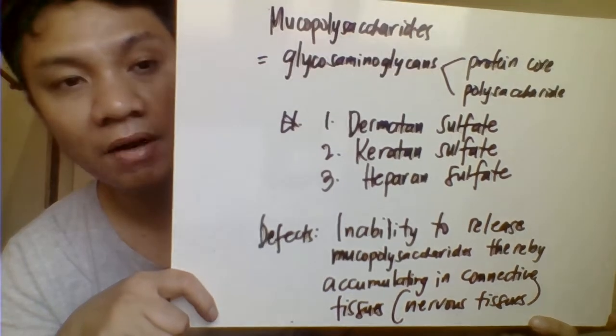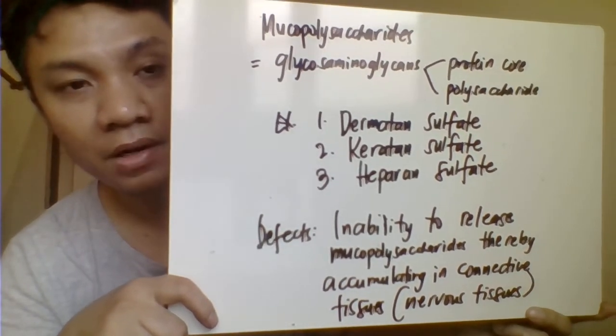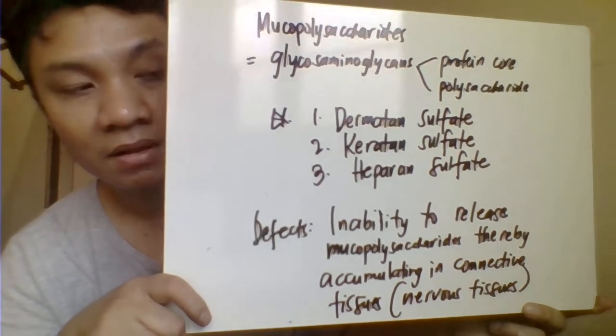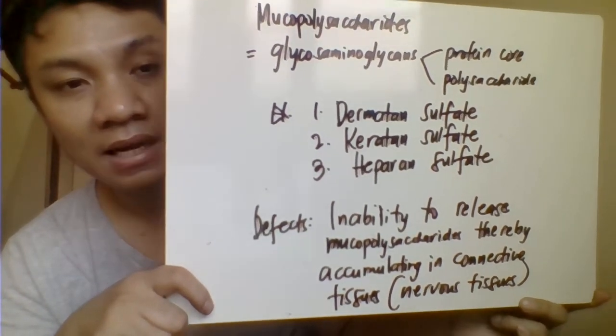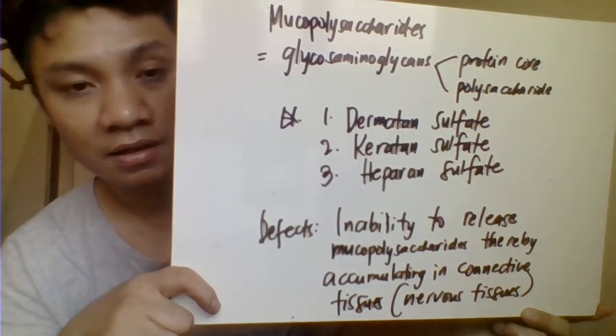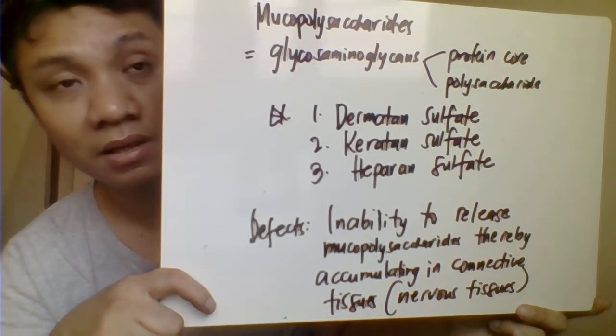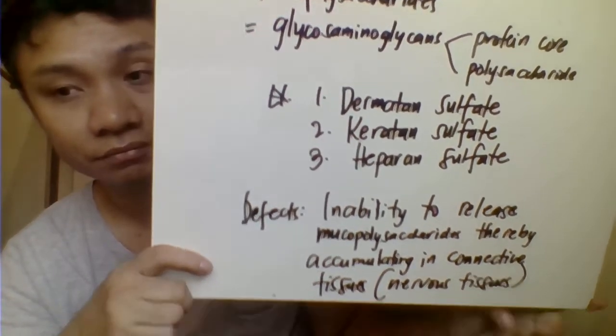The problem here is that our mucopolysaccharides are not released for metabolism. If they are not metabolized, what happens? They will accumulate in our nervous tissues and connective tissues. Most likely, the manifestation would be mental retardation, because they accumulate in our nervous tissues.